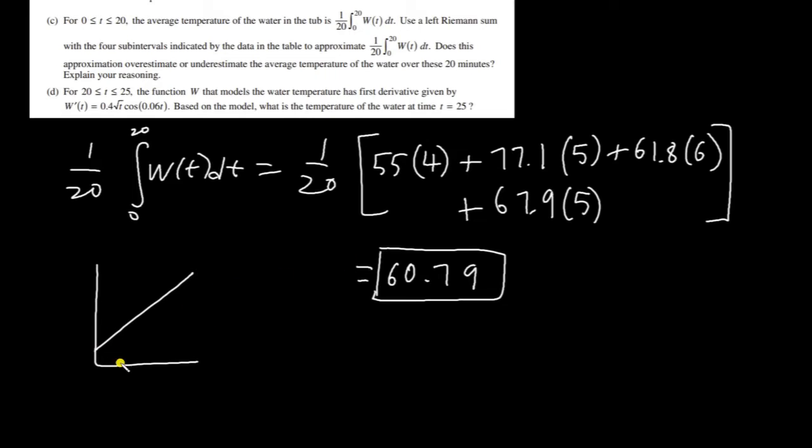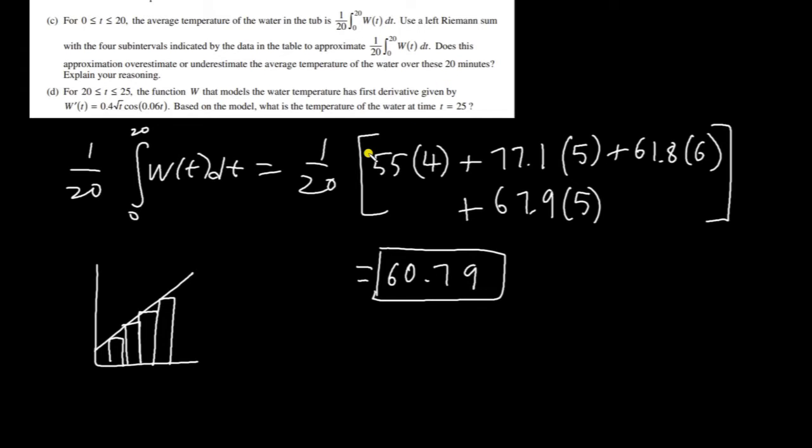If we were to do a left Riemann sum, you'd notice that we're missing these little triangle bits here and everywhere. So our approximation is actually an underestimate because we're not including these little triangle bits, right? So this approximation is an underestimate of the average temperature of the water over these 20 minutes.